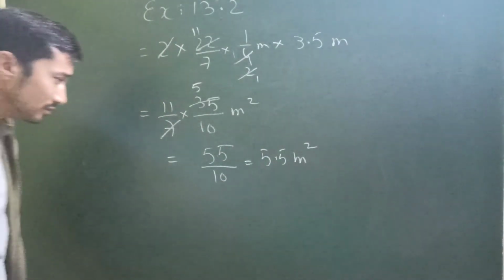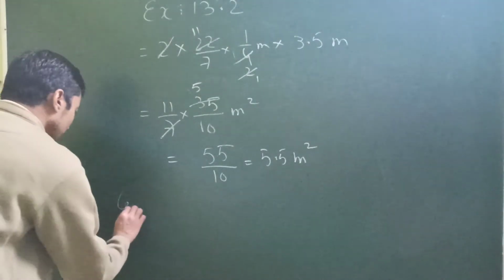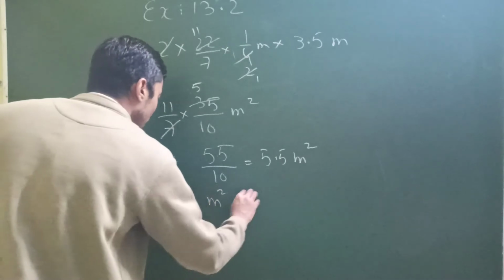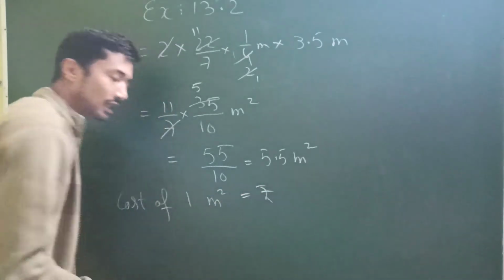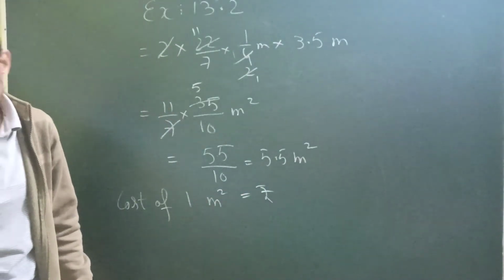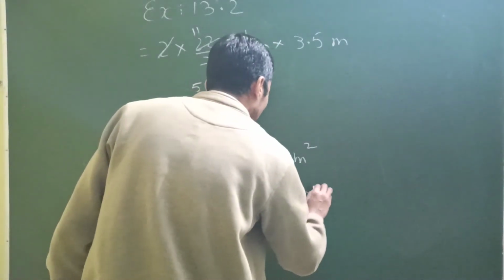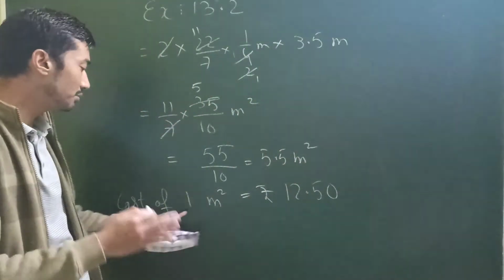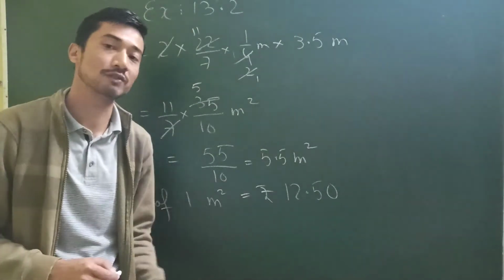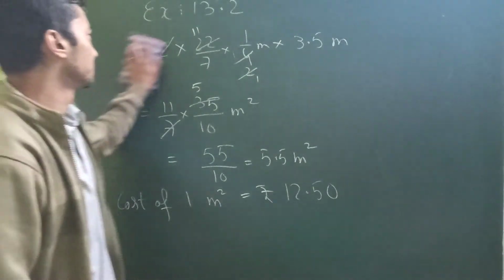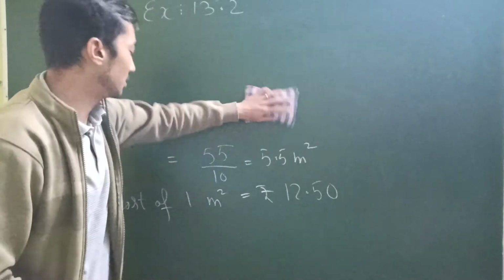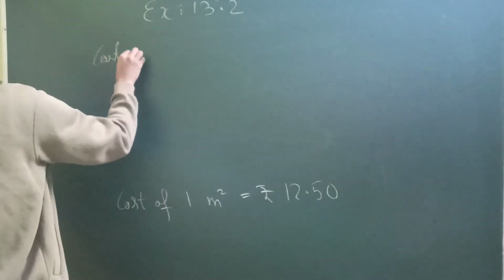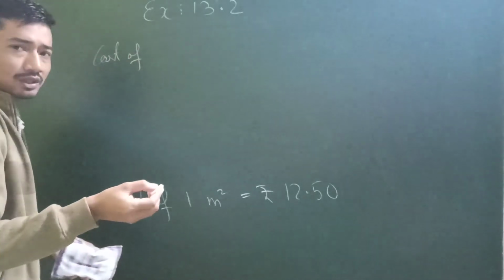Now let's find out the cost. The cost of 1 meter square is given in the question: rupees 12.50 per meter square. Per meter square means for 1 meter square the cost is rupees 12.50. So we have to find out the total cost. What was our area?